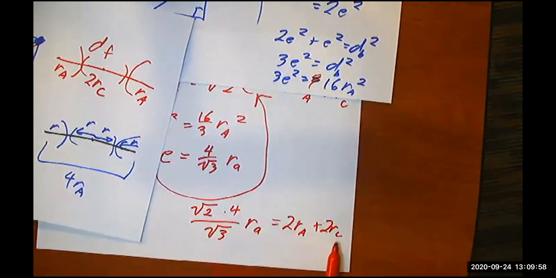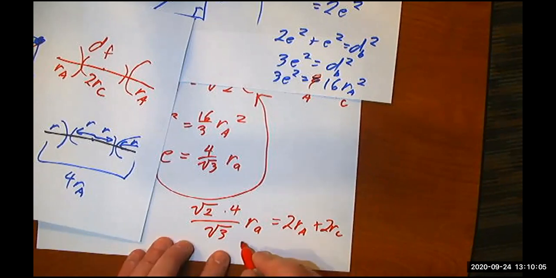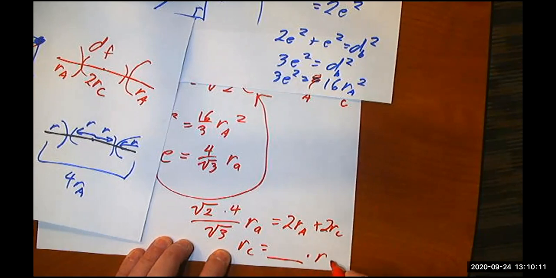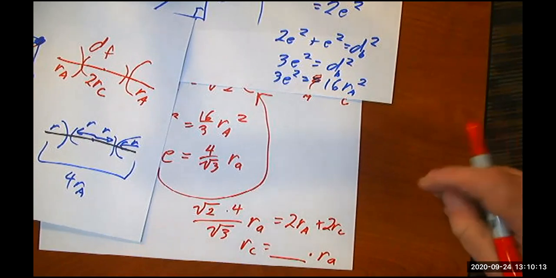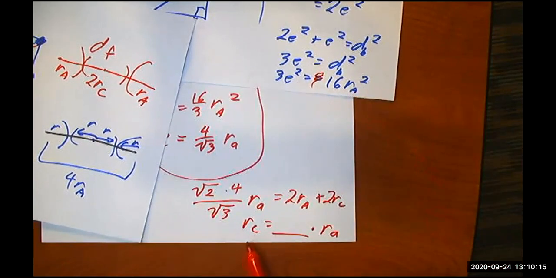So now this is just some algebra and plugging some square roots and things into a calculator. You can find an expression for RC as some decimal value times RA, right? So that tells you that whatever your anion radius is, the hole size is going to be some fraction of it by whatever this value is that you get through here.